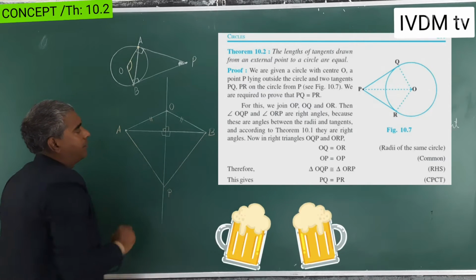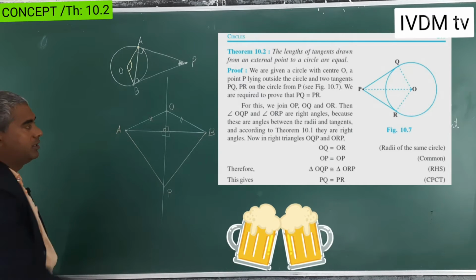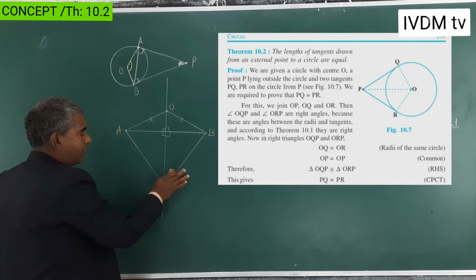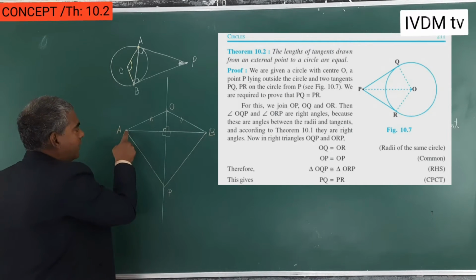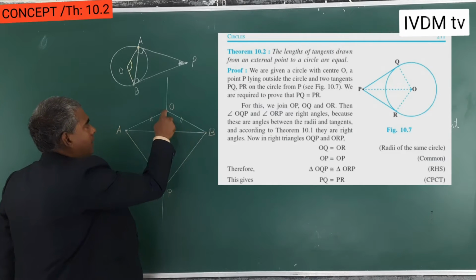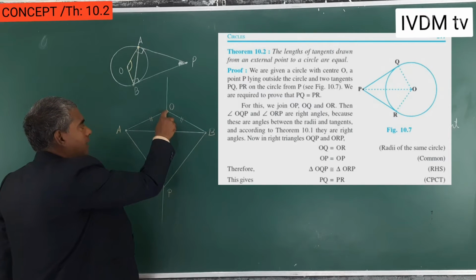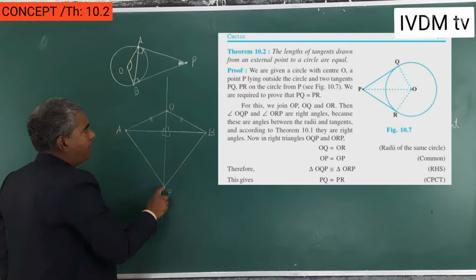Adjacent sides are equal, adjacent, not opposite. Okay, so this is a kite and the diagonals are AB and OP.